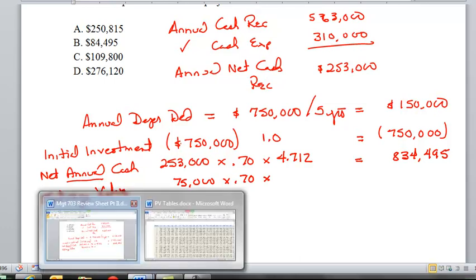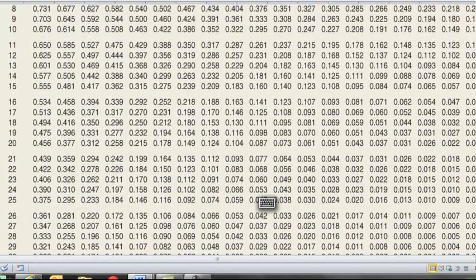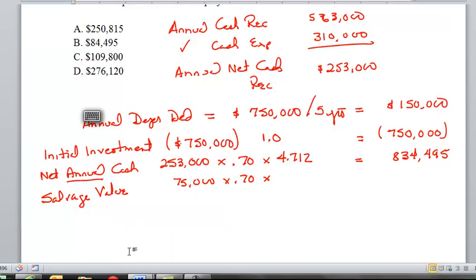So we want to go back to our present value tables, but now look at the table for present value of $1. 11%, 7 years, 0.482. So that gives us $25,305.